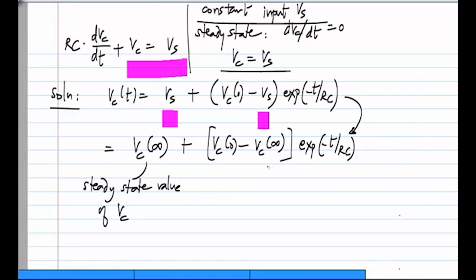We know that it will asymptotically reach this value, and Vc of 0 is the initial condition on Vc, and this solution is valid when Vs is a constant. That's very important. If you have Vs to be some arbitrary function of time, you can't simply substitute that function of time over here. Okay, so this is valid only if Vs is a constant.